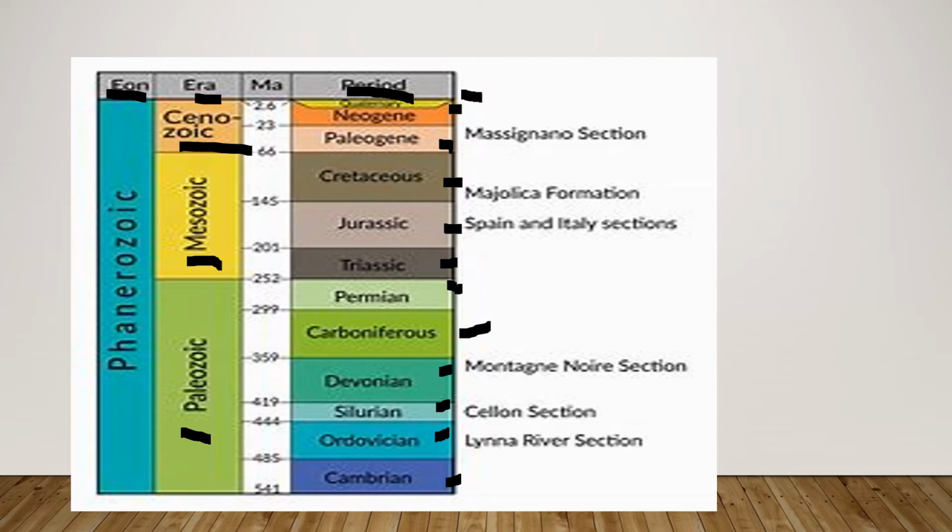So if we look, the Cambrian period is 541 million years old, or 541 million years ago. So that means there were other organisms that lived before the Cambrian period, and it will be presented on the next slide.